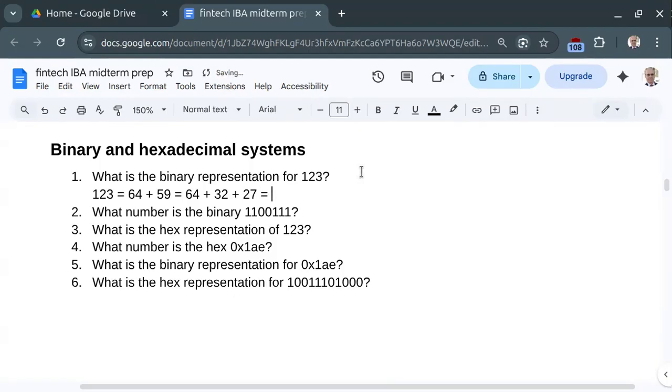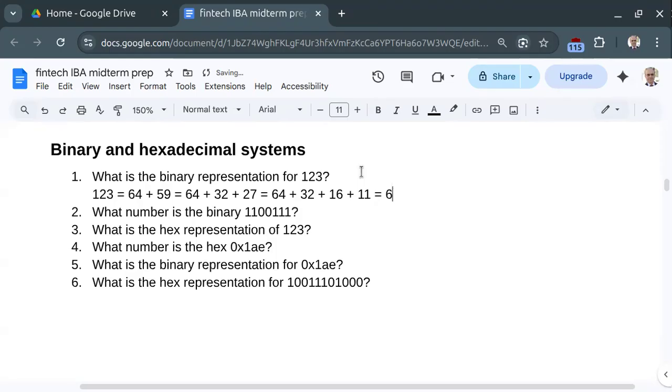So I have a 64 plus a 32 plus, what is the next power of 2 that can go there? Well, the 16 is okay, right? 16 is smaller than 27, so you can have a 16 also. Plus, if you take 16 out of 27, there's another 11.